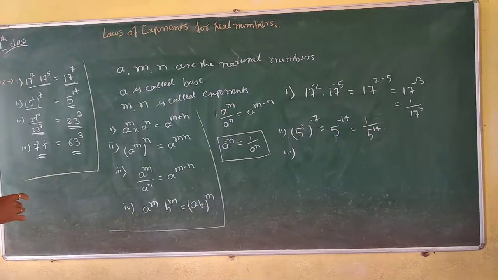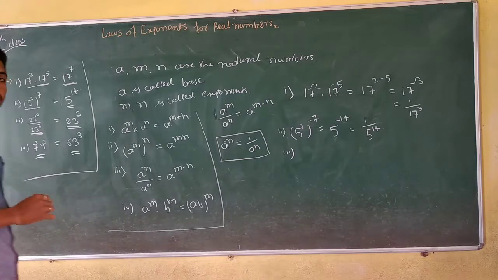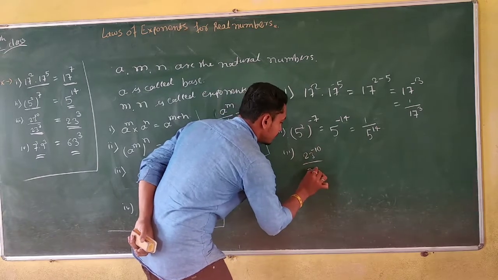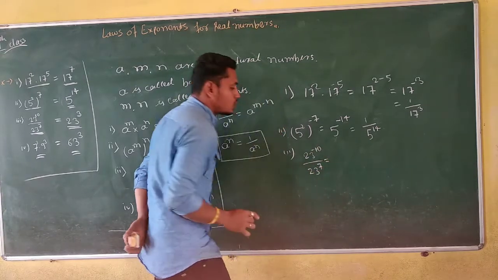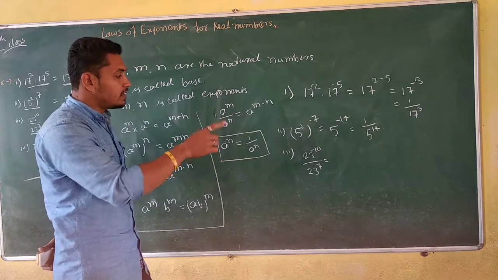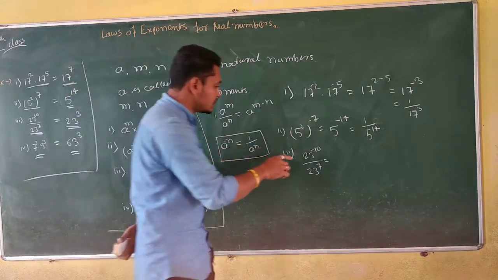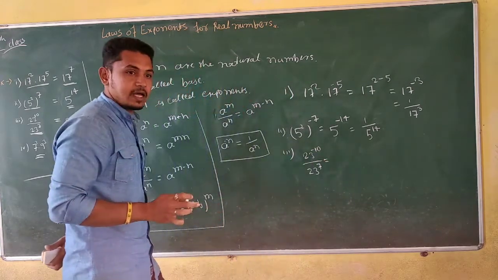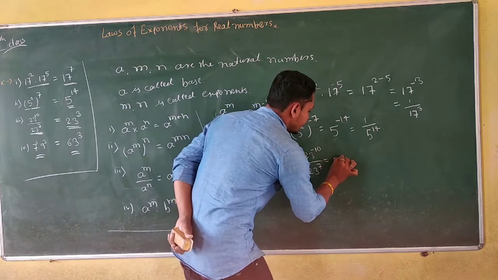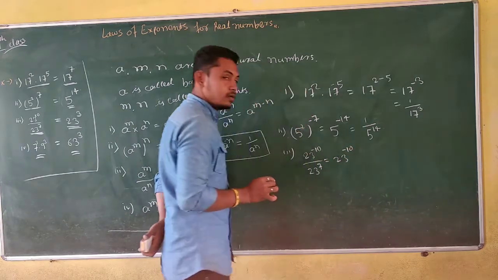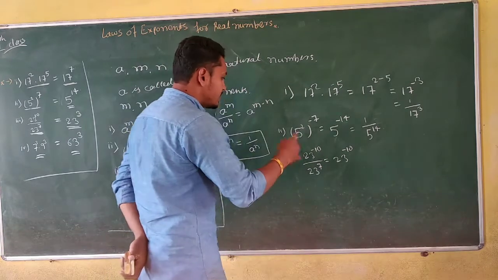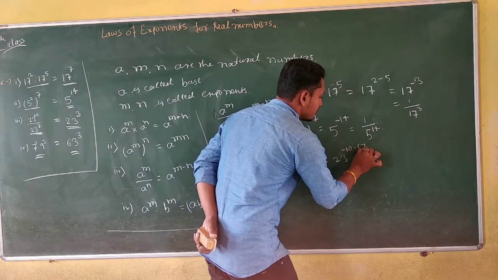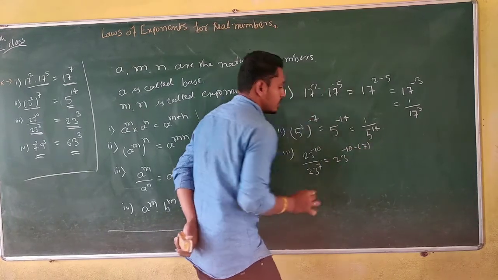23 to the minus 10 divided by 23 to the 7. 23 to the minus 10 divided by 23 to the 7 is equal to, now m minus n, which means, okay, see here, m minus n, which means here 23 to the minus 10 and minus 7.